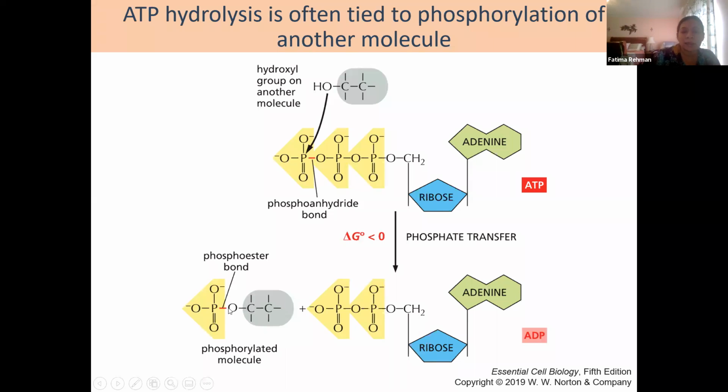So this third bond is a phosphoester bond, right? In this case, when it's broken down, because it's usually combined to a carbon molecule or to another organic molecule, as it is moved over from the ATP, where it was combined to an oxygen from the second phosphate, right?